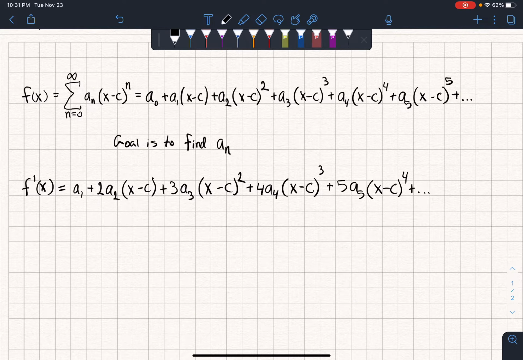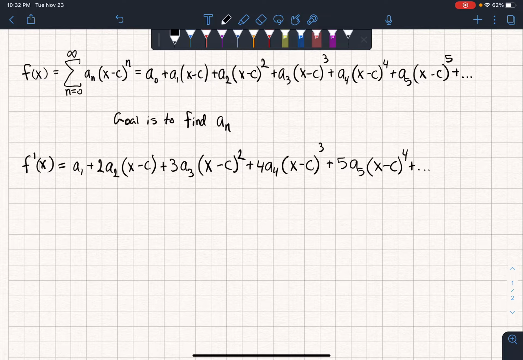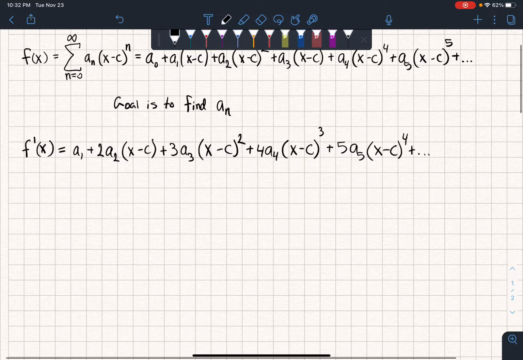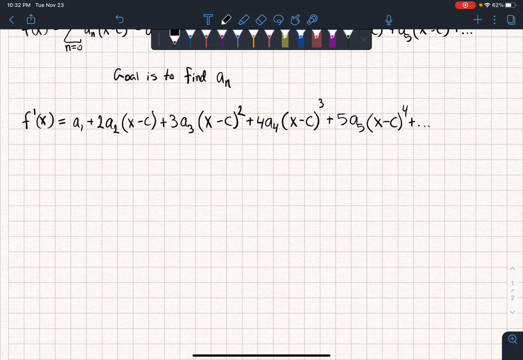And you'll see in a little bit why I chose to expand out to 5 terms. It will be needed to find a pattern in a couple of steps.